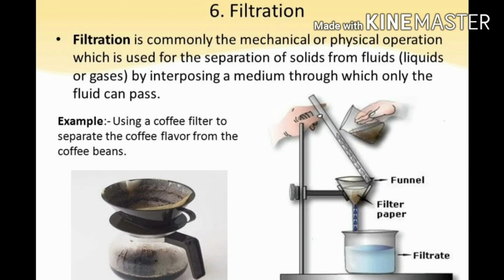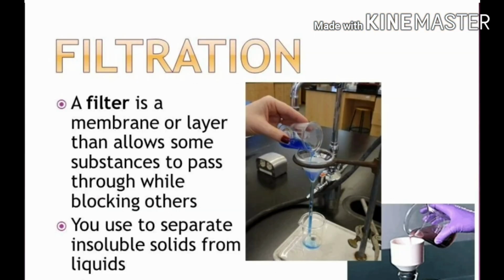Suppose tea leaves and coffee beans are separated using filtration process. In this filtration process, a filter or a thin membrane or layer can be used to separate substance by passing the liquid or the mixture of the liquid and the substance through it.